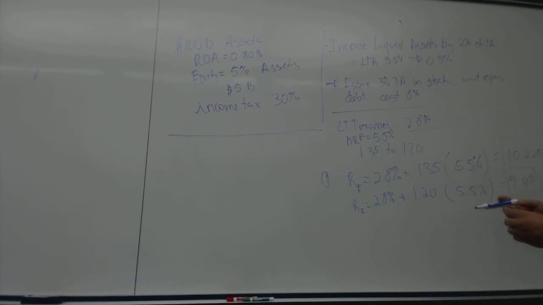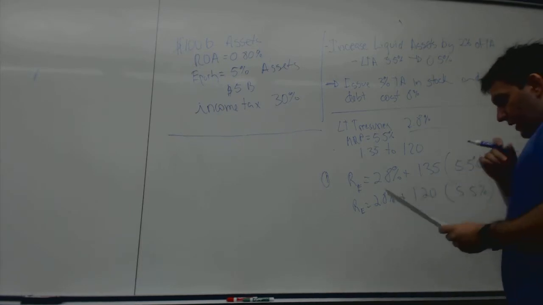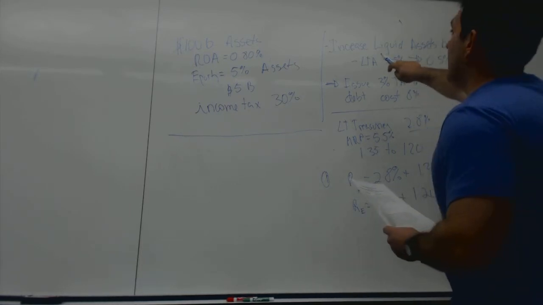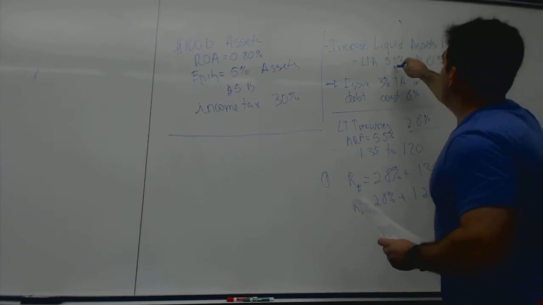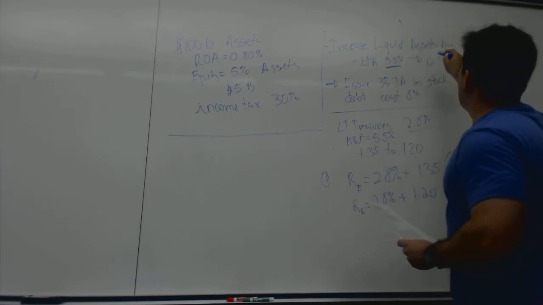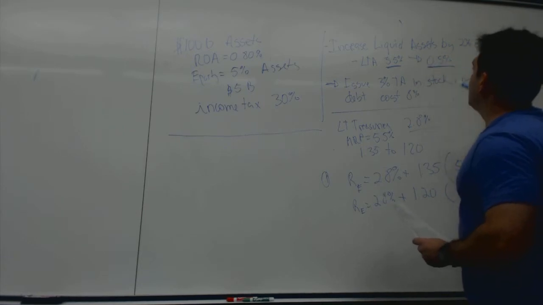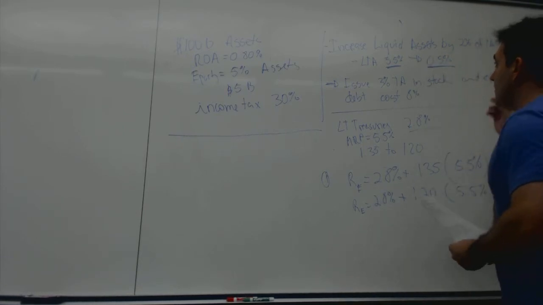But let's see what happens to ROE and ROA with the changes. For the first change, we're swapping long-term assets that are yielding 5.5 for lower-term assets that are yielding 0.5.